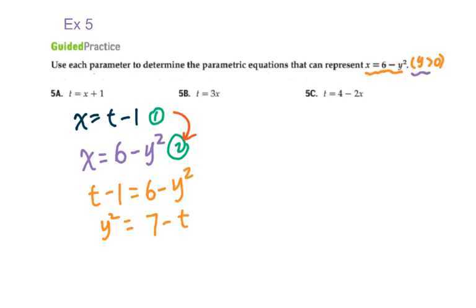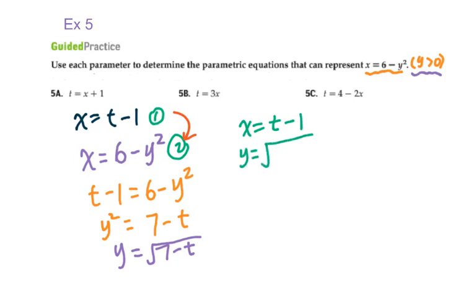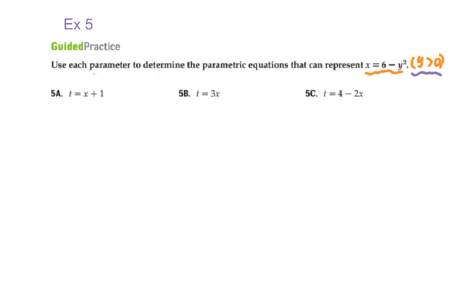Since y is greater than 0, I can write down y equals square root of 7 minus t. In other words, the parametric equation will be x equals t minus 1 and y equals square root of 7 minus t.